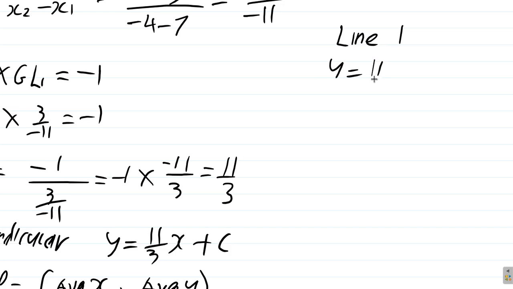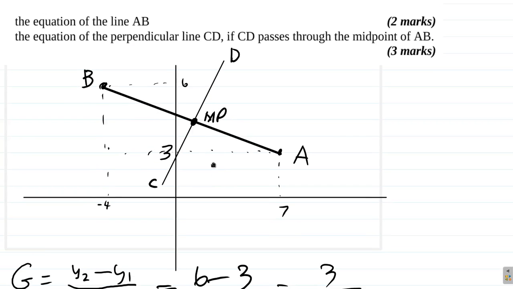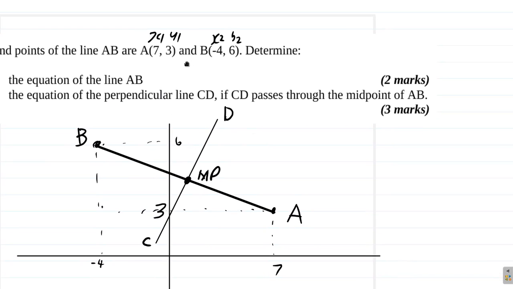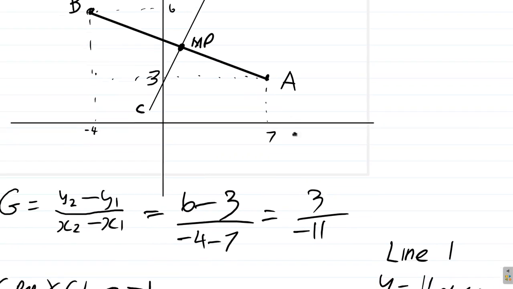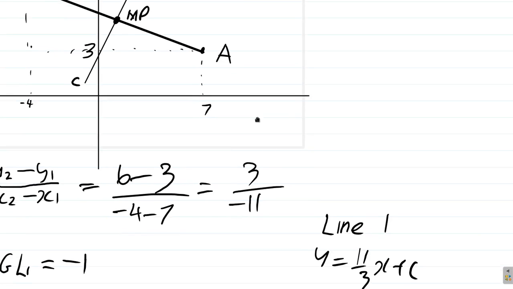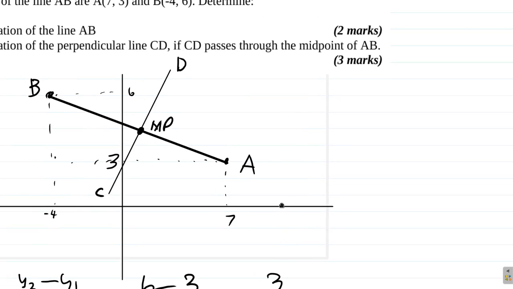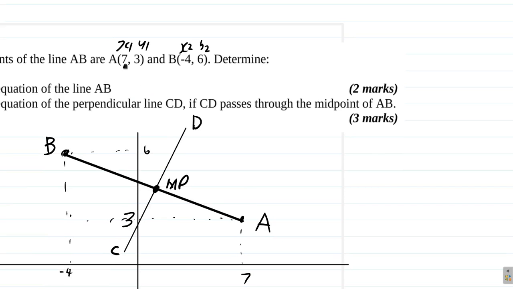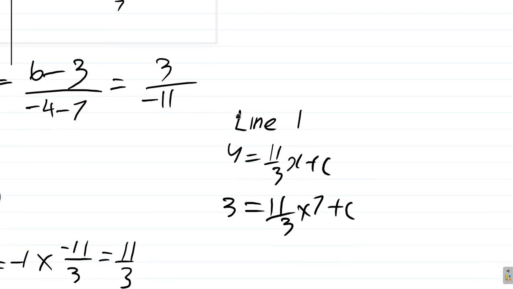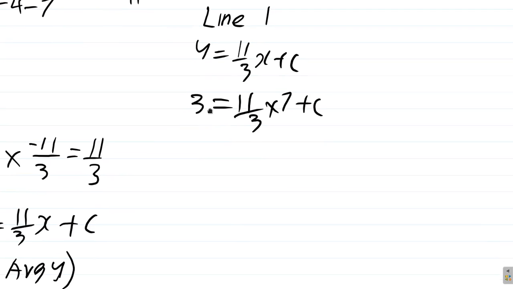So we have y is equal to 11 over 3x plus c. I will substitute one of the x and the y. So if we put 7 and 3 in it, 7, 3. So 3 for y is equal to 11 over 3 times 7 for x plus c, in order to find out what c is, right? x is 7, y is 3.